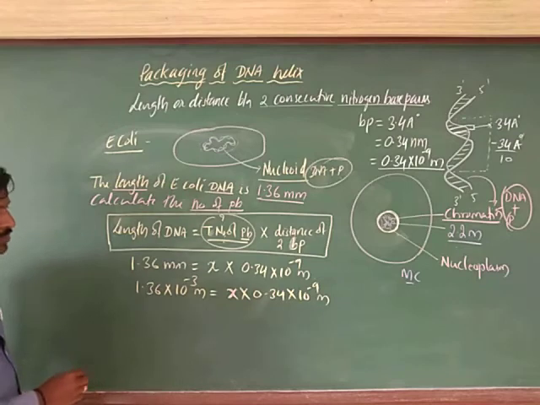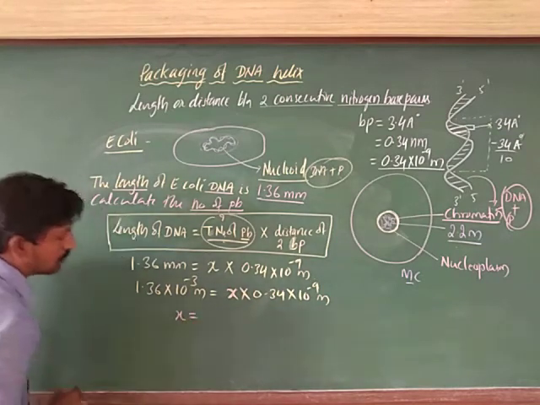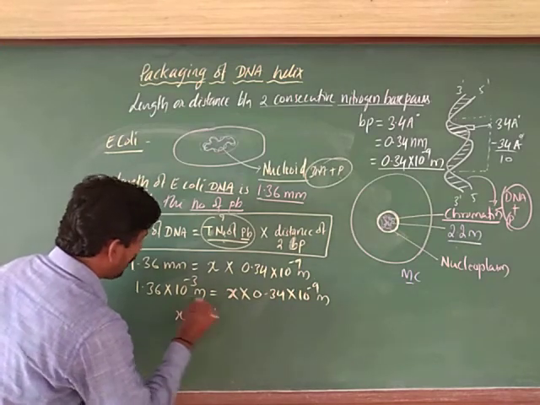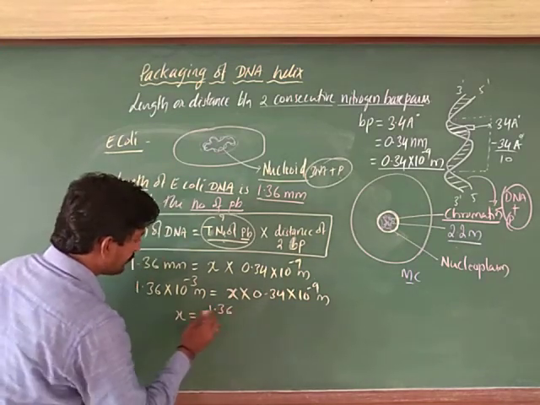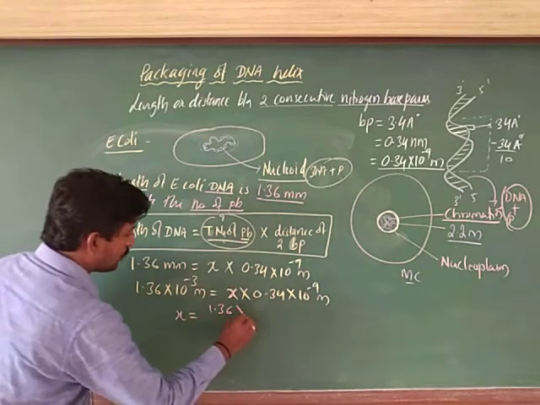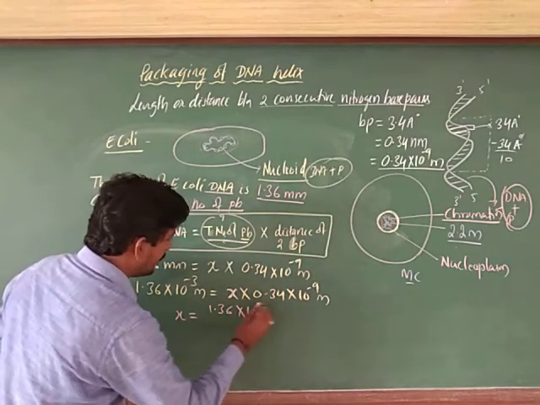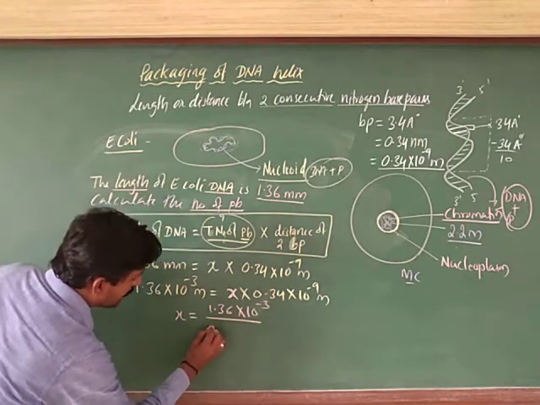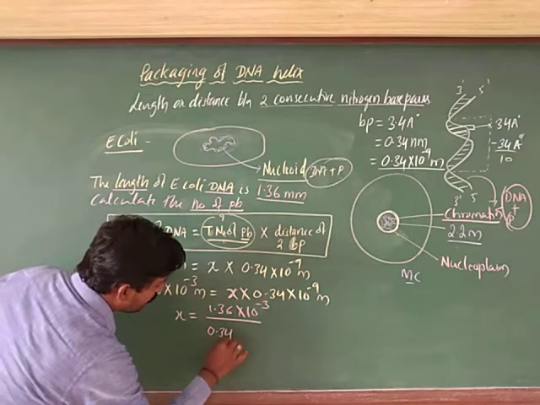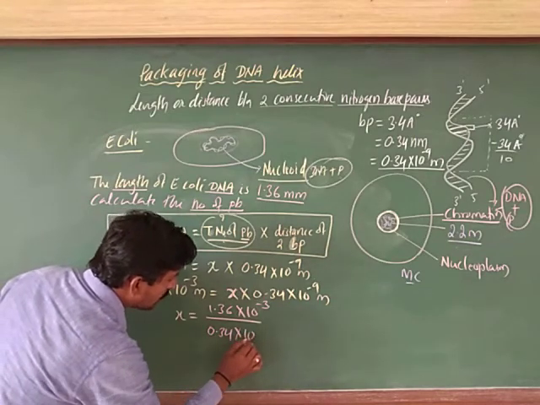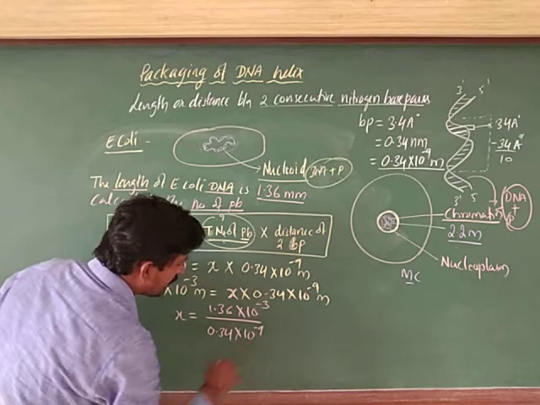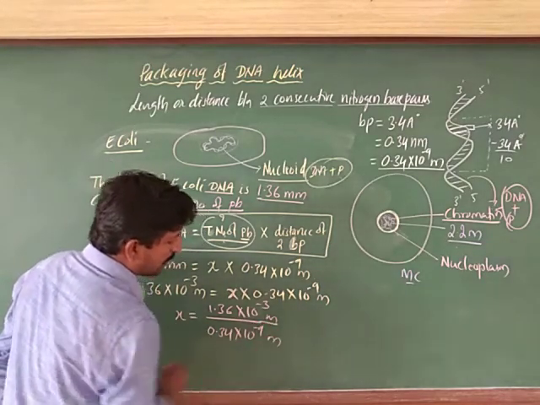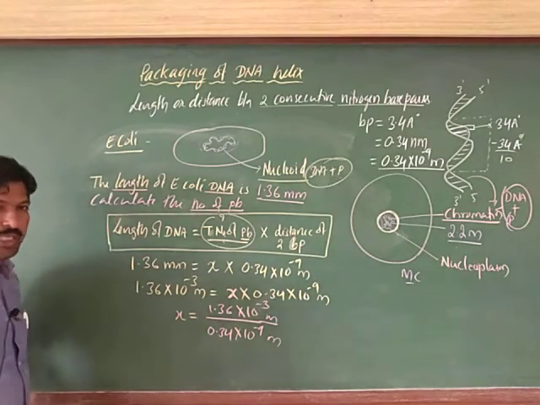So x is equal to 1.36 into 10 raised to minus 3 divided by 0.34 into 10 raised to minus 9. That is now in meters for both. Now we can simply calculate this.